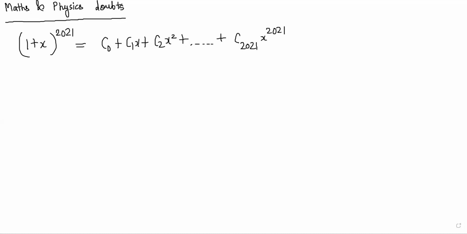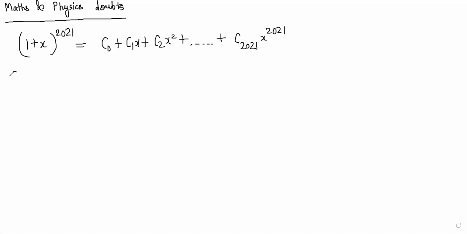And after that, the sum of the product of the coefficients taken two at a time can be represented by this. You have to find the sum, right?